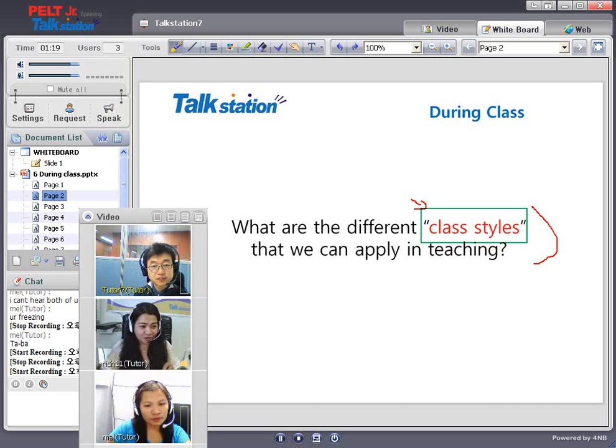So the teacher also has to dance with the music. If the student feels like, today I'm tired, I want some free talking, it's okay. But let us make sure that behind the free talking there is learning. So class style differs for each student.